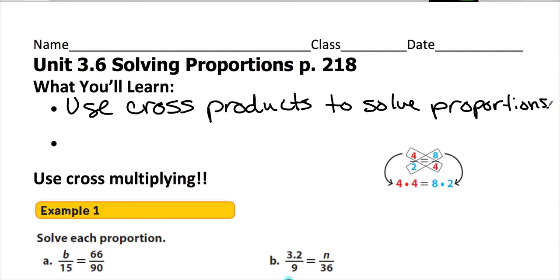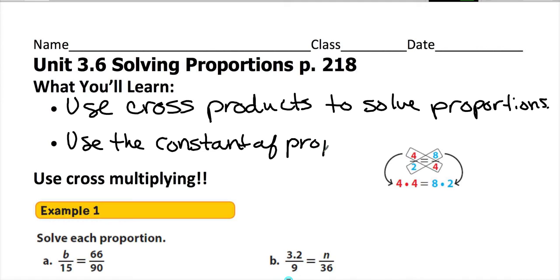And then we're going to use the constant of proportionality to solve problems.